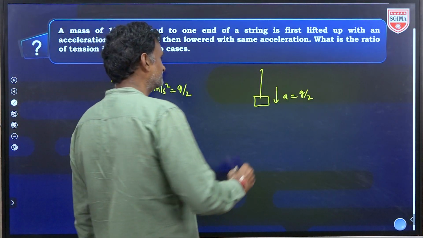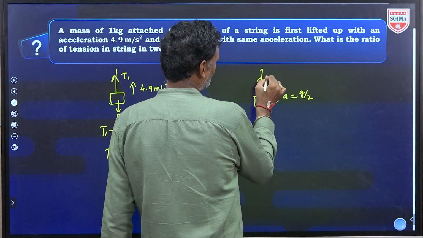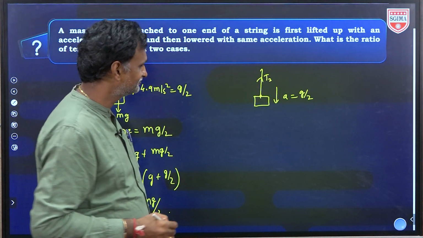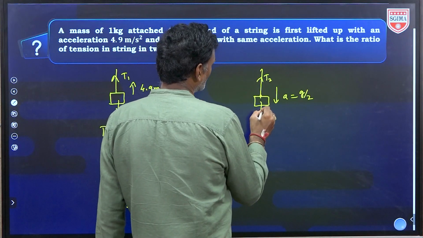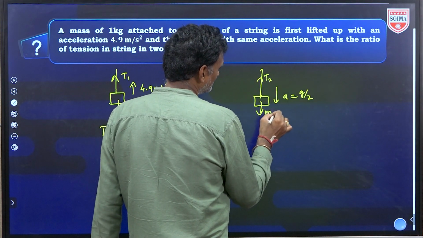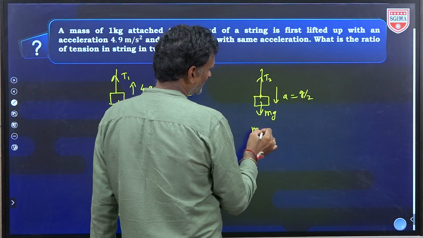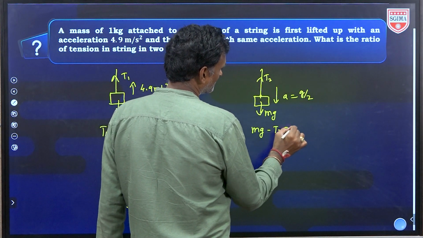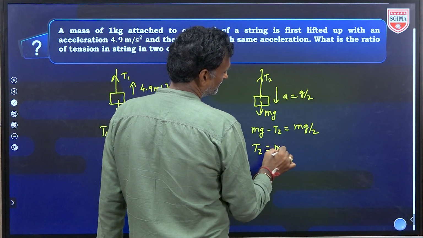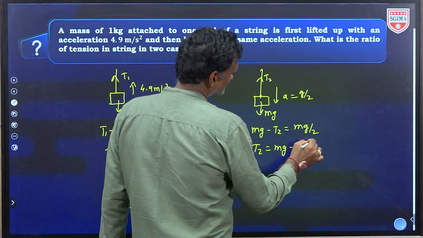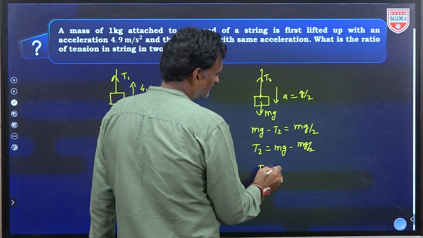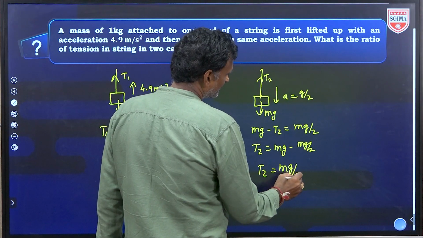In this case, tension will always be away from the point of contact, and T2 I am taking because acceleration is downward. So we will write mg downward only, but acceleration downward, so we can write mg minus T2 equals mg by 2, that is T2 equals mg minus mg by 2. So we get T2 equals mg by 2.